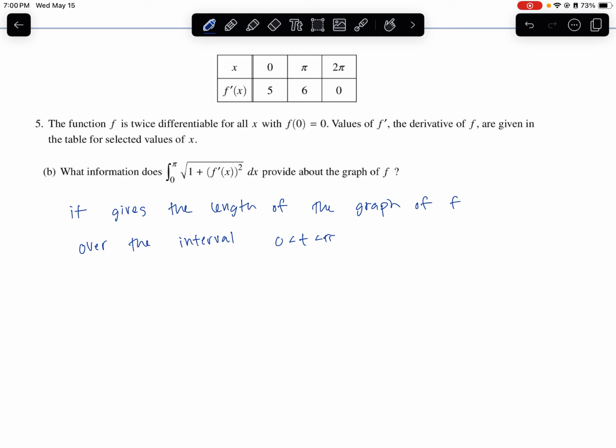You can also say over the interval of x equals 0 to x equals pi. You could probably say something like that, but as long as you state the interval, I think this is important. I would imagine that you would miss a point if you didn't state the specified interval.